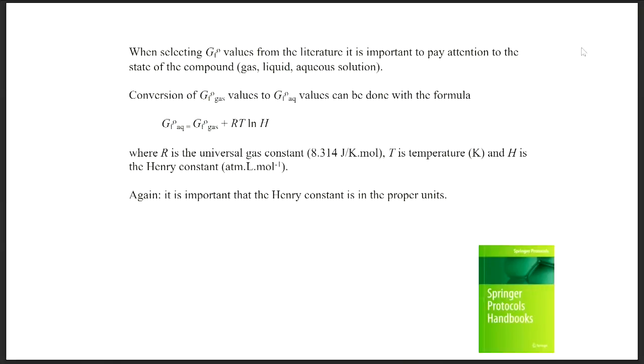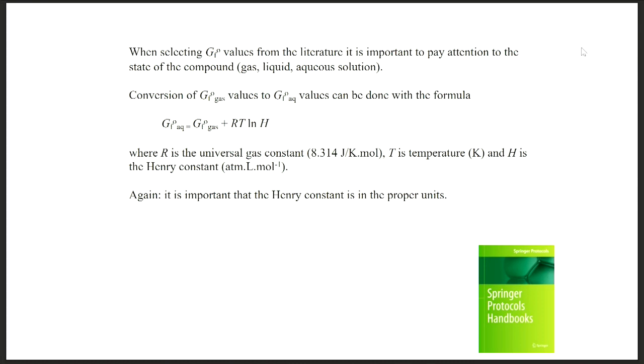If you have gases and you want to know values in the aqueous phase, then you can use the Henry constant and this very simple RT ln to convert delta G from the gas phase under standard conditions to 1 molar concentrations in aqueous solution.